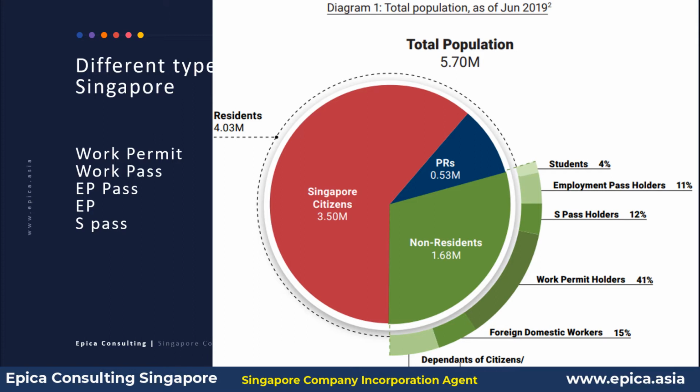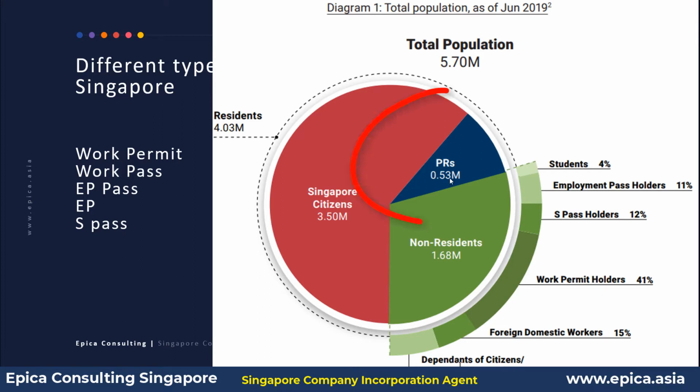The total population, as you see, is 5.70 million, of which Singapore citizens and PRs together are 4.03 million. 1.68 million people are non-residents, or what we call foreigners, shown in this green pie color. As you can see, almost 30% of the population of Singapore is foreigners, and they are on some type of work visa or the dependent pass in Singapore.